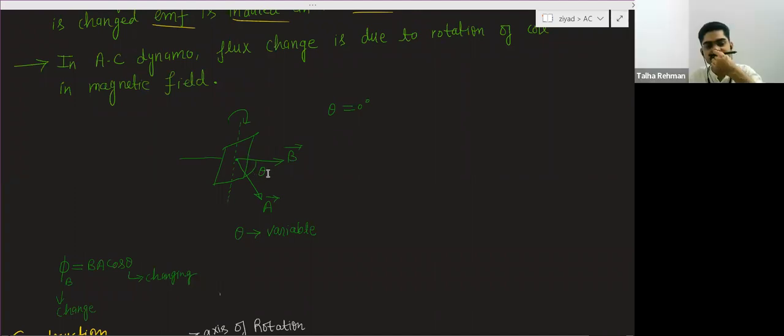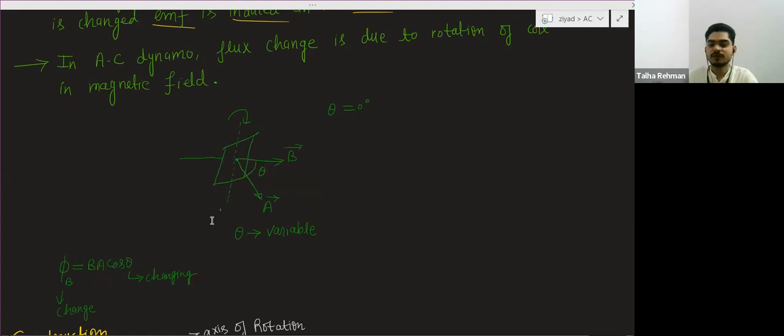If theta is changing, then cos theta is changing, because at different values of theta the cos theta will be different. Then you can say your magnetic flux is changing. So the magnetic flux of this coil is changing.